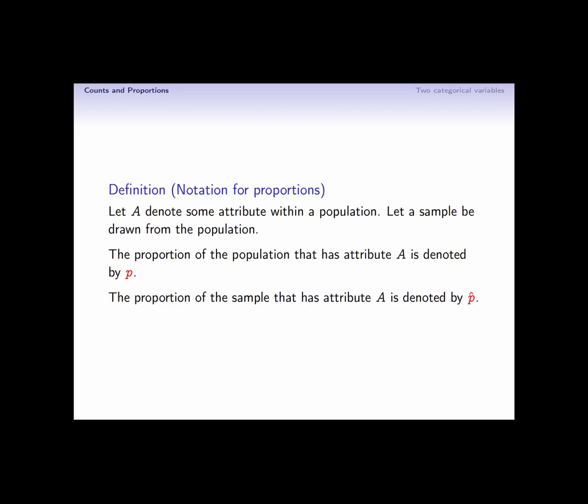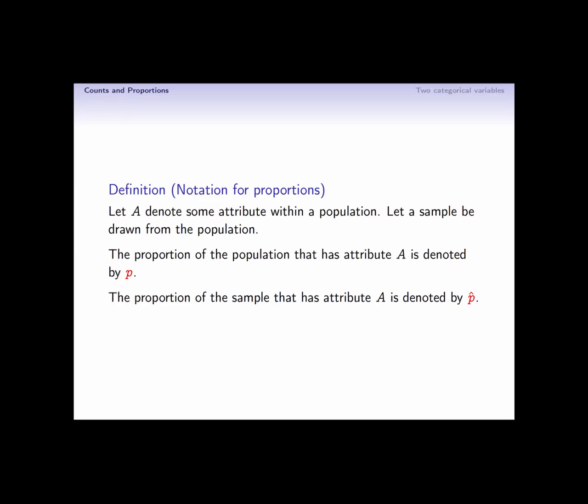And we really do want to make sure we use this notation very wisely. So when we're dealing with a population proportion, we're going to use P, and when we're dealing with a sample proportion, we'll use P hat. Now, here's where we're going with this. In principle, most of the time, we're really interested in knowing the value of P. We want to know what's happening in the population.